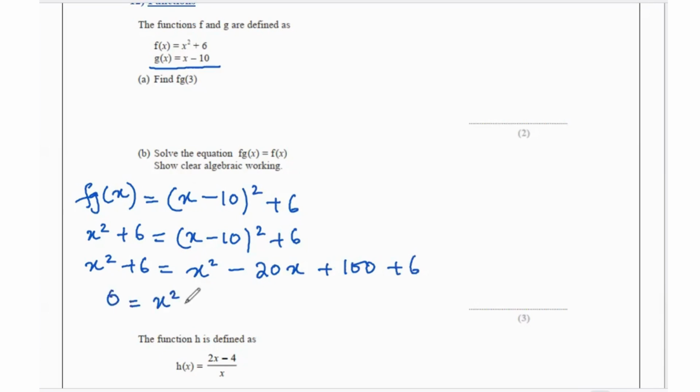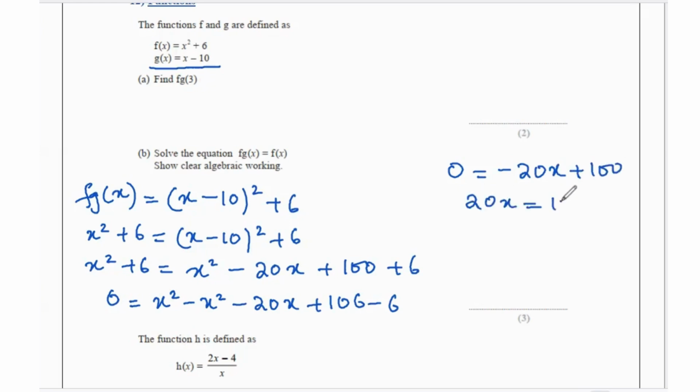So x squared minus x squared minus 20x plus 106 minus 6. That's going to be 0 equals negative 20x plus 100. 20x equals 100. x is going to be 100 divided by 20, which gives us x equals 5. That is the value of x.